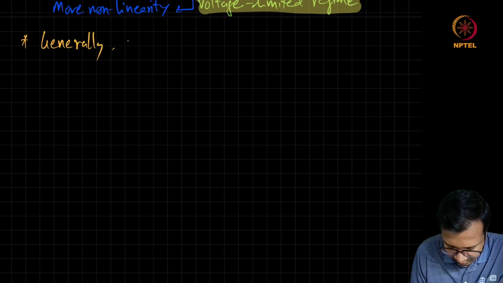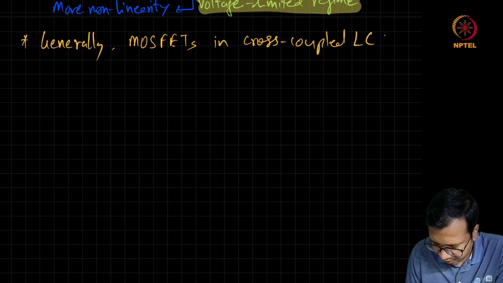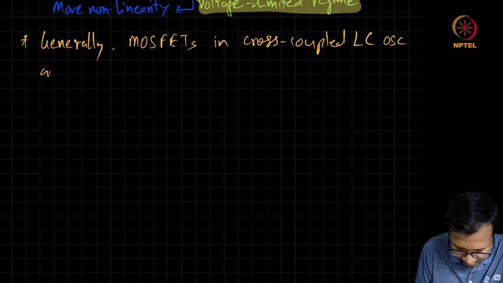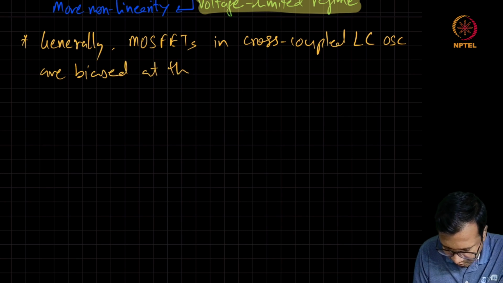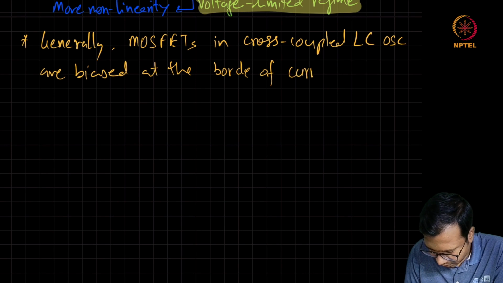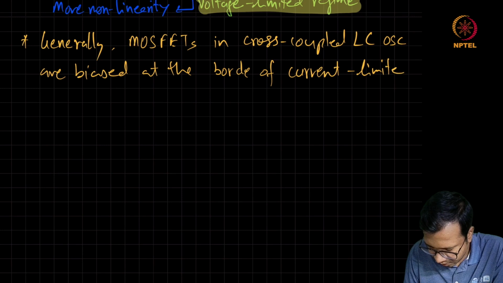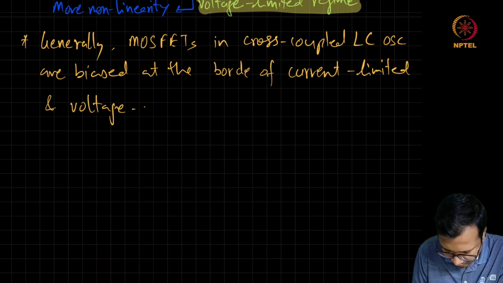Generally, MOSFETs in a cross-coupled LC oscillator are biased at the border of the current limited and voltage limited regime.